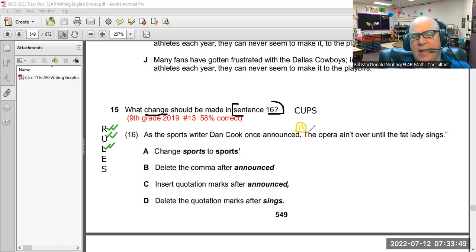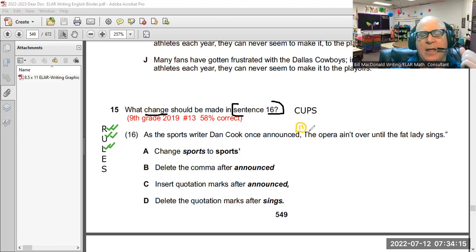Capital, the opera ain't, and I know there's a saying, don't say ain't, your mother will faint and your father will fall in a bucket of paint or something like that. But whenever we're having people talking, sometimes their slang or their unusual way of saying things is allowed. It's like giving them a license to speak incorrectly because that's their voice, the way that they talk.